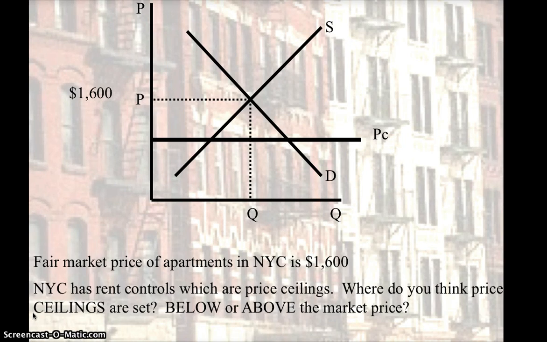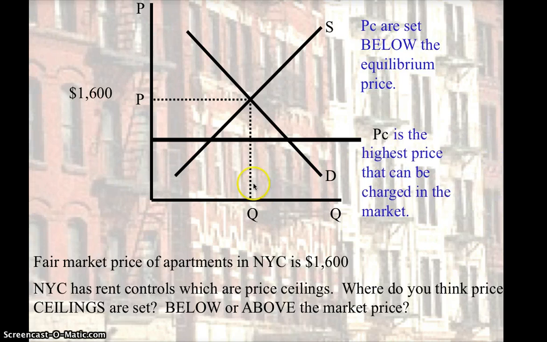Well, counterintuitively, price ceilings are set below the equilibrium price. And the way that I like to think about it is that the price is trying to get up to the equilibrium price, but it hits the ceiling before it can get to the market price of $1,600, which is why it is called a ceiling.